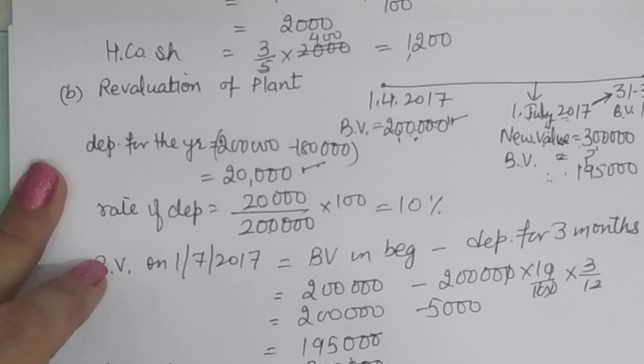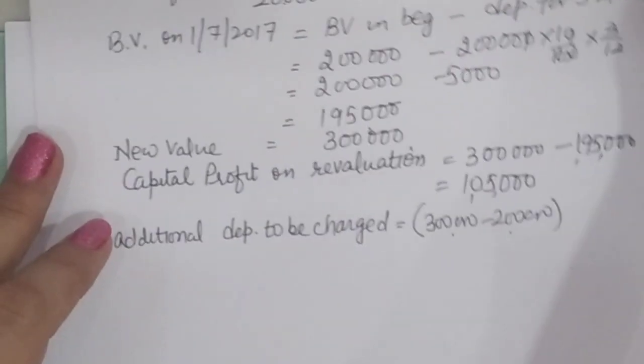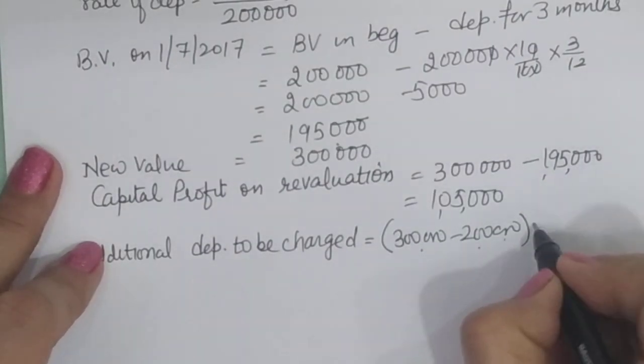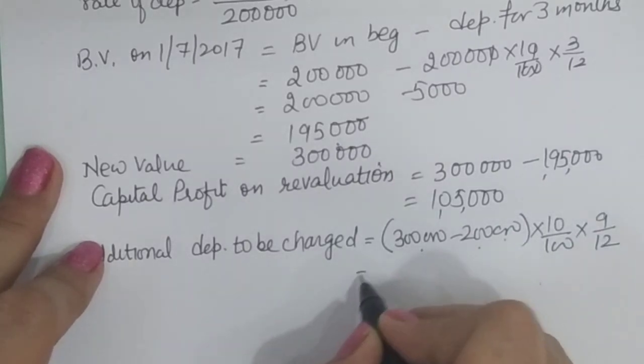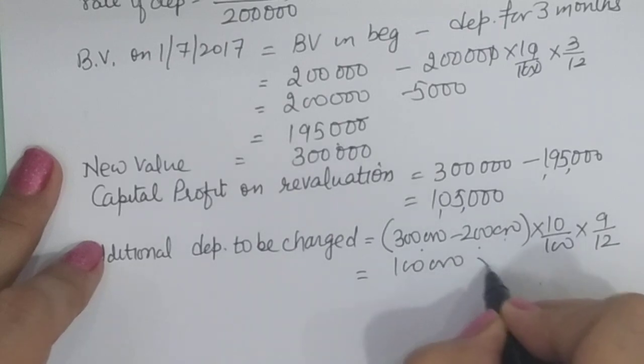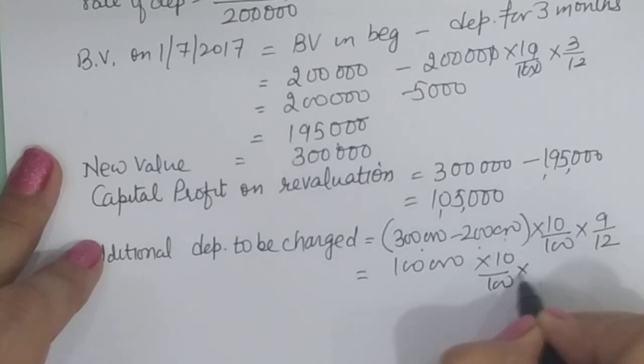For these 9 months extra depreciation. So additional depreciation to be charged is 3 lakh minus 2 lakh. You charged it on 2 lakh, but now the value is 3. So on extra amount you need to put more depreciation. So it will be 3 lakh minus 2 lakh into 10% for 9 months. It is fairly logical if you understand the procedure.